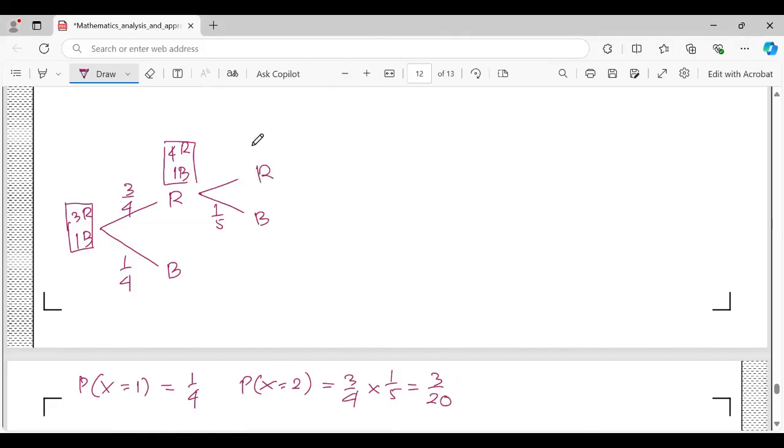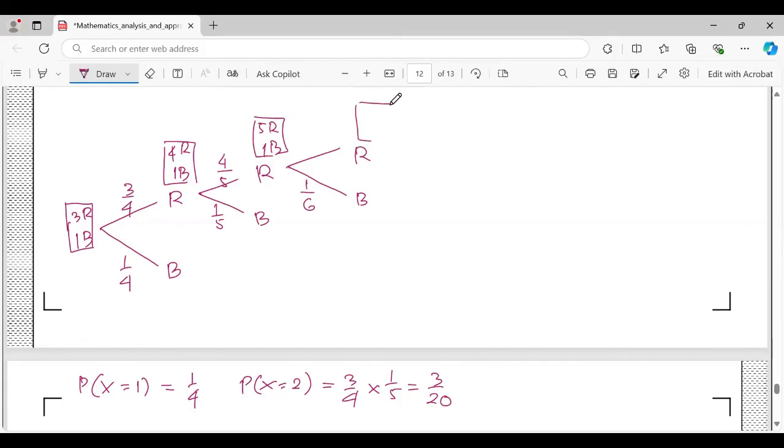Next, the probability is 4 over 5, and the condition becomes 5 red and 1 blue. Next, the probability becomes 1 over 6 because 6 buttons, this is blue and this is red.